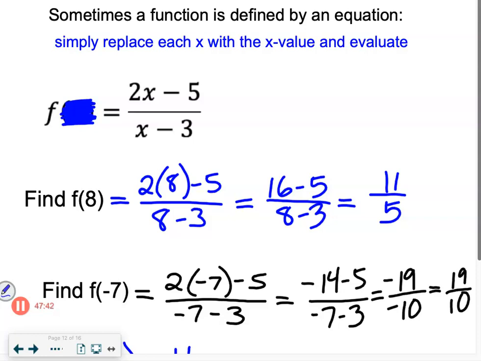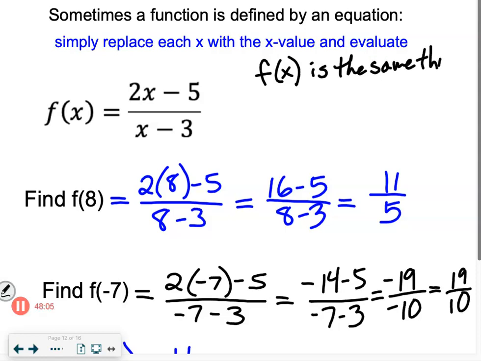Okay. Something else someone in third period said, and I really loved it: f of x is the same thing as if I were to call this y.